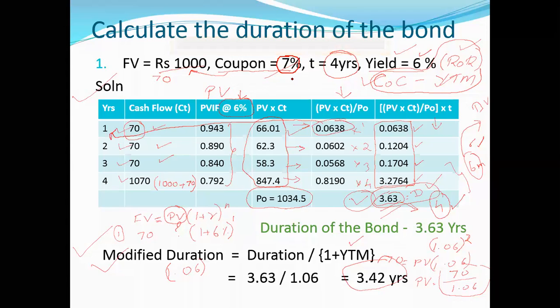Instead of this 7%, if I make this 8%, and the rest everything remains the same, can you calculate the duration of the bond? What is going to change? Only this part is going to change here.